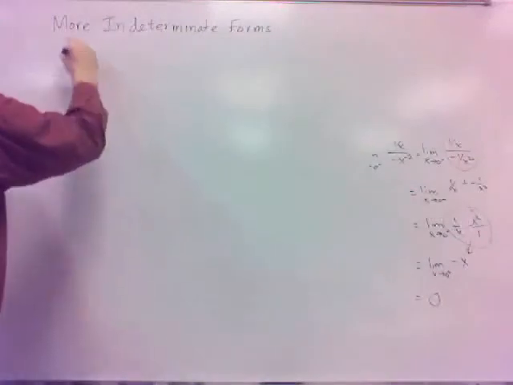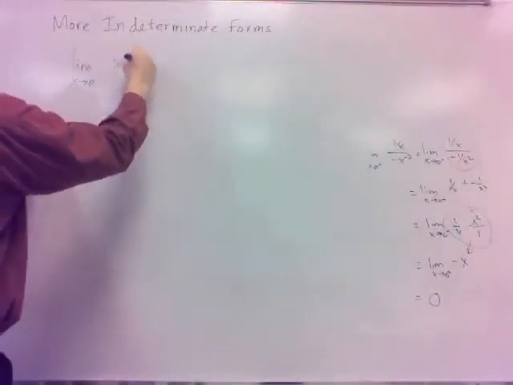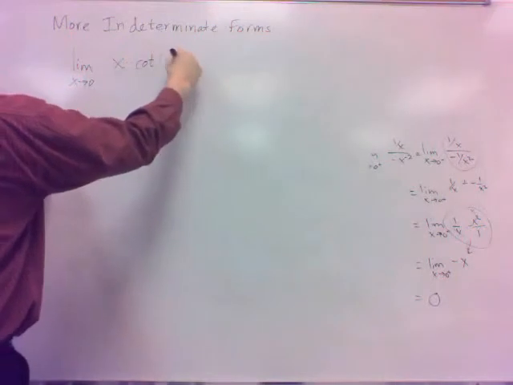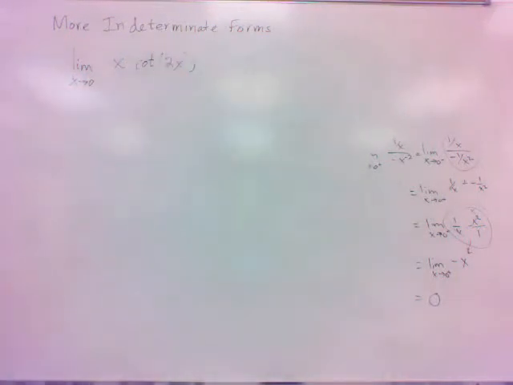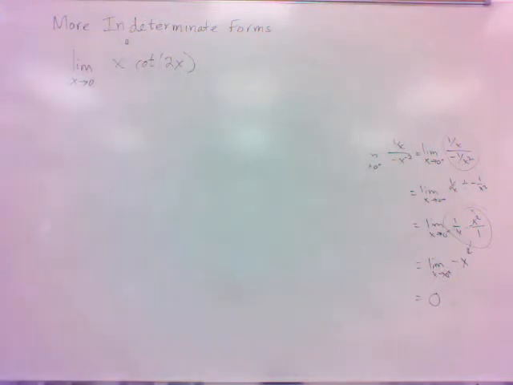Limit as x approaches 0, x times the cotangent of 2x. Now this one, again, might be one where you might want to look at a little graph. Of course, x goes to 0, so x goes to 0. But what about the cotangent?